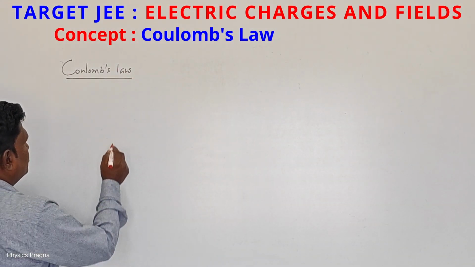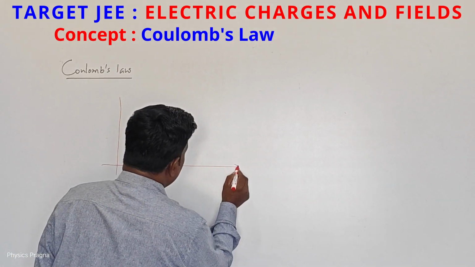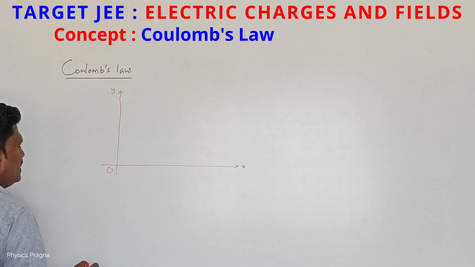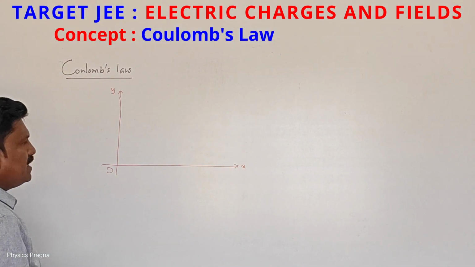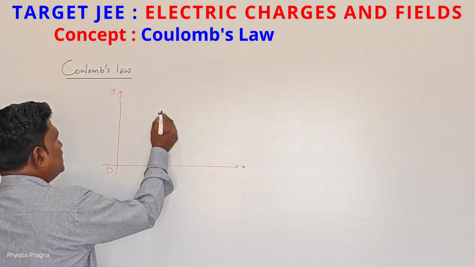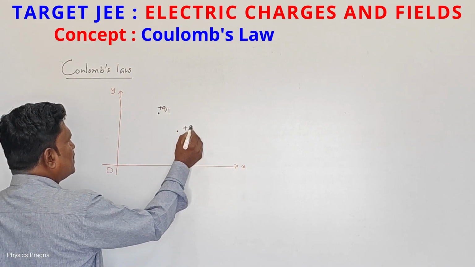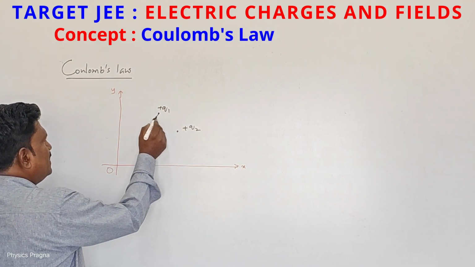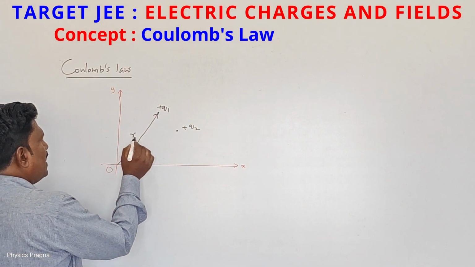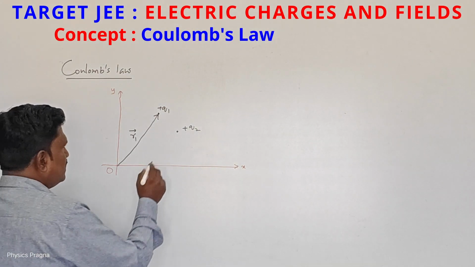If this is the origin O, this is the x-axis, this is the y-axis, suppose the charges are in space. This is the Q1 charge and this is the plus Q2 charge, and this is R1 bar, a position vector.